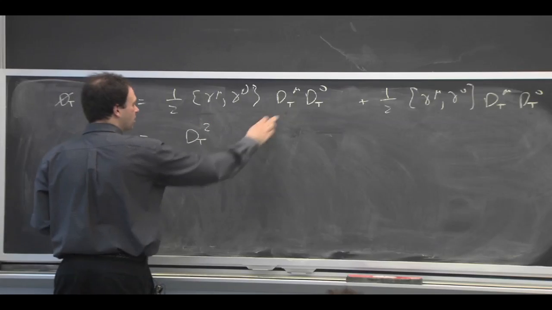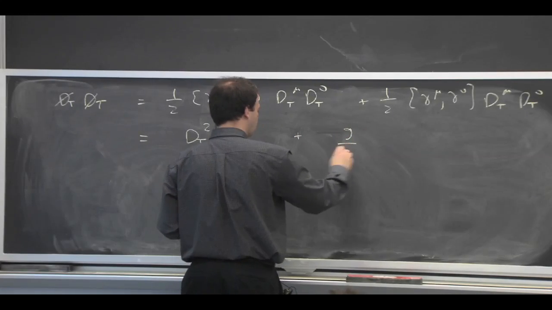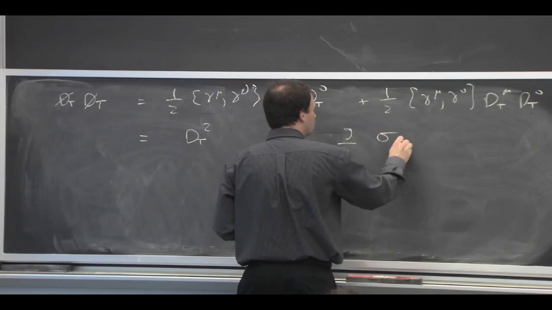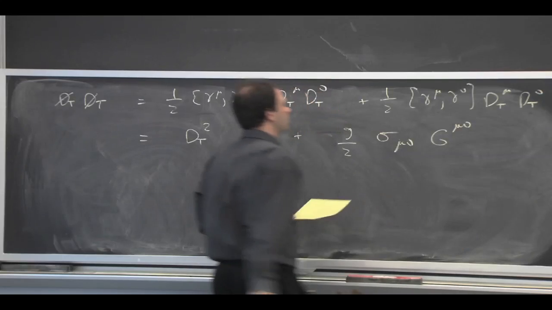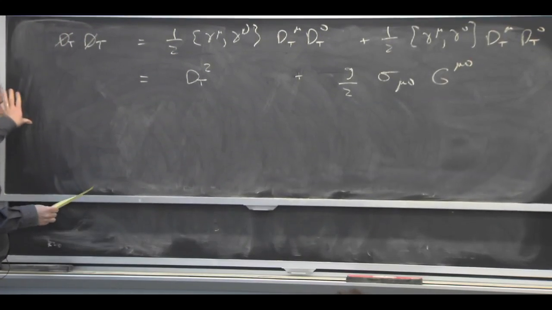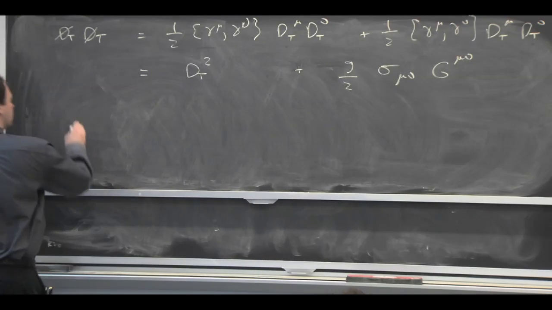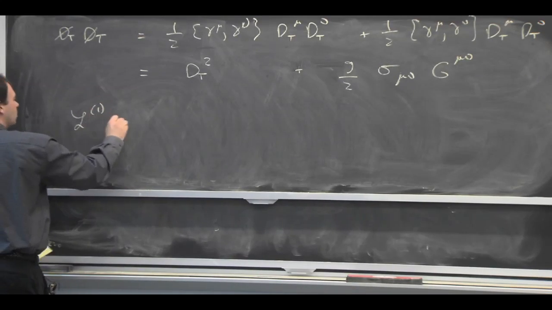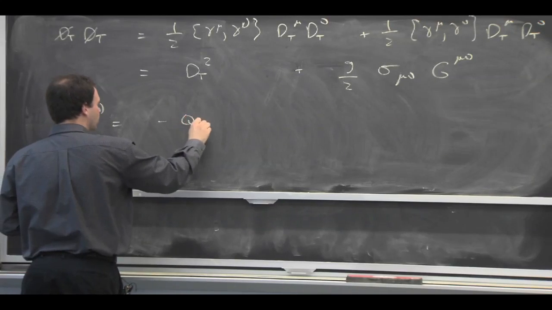So for this piece, we just get D_T squared. And this piece, once we track all the 2's and the i's, gives sigma dot G. And so the usual way of writing L1 is as follows: using this formula, plugging it in, it has two terms.